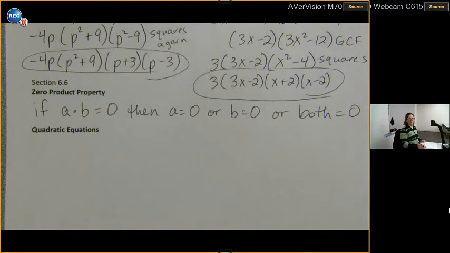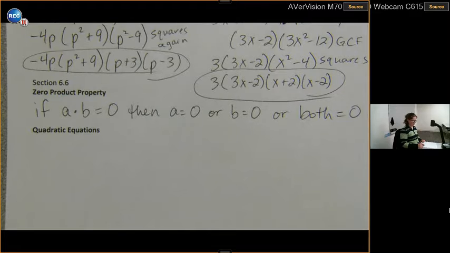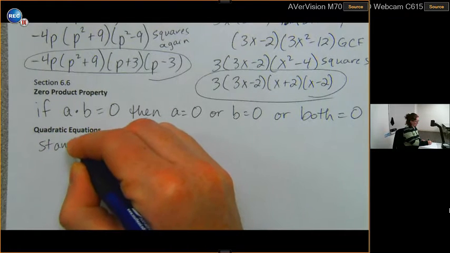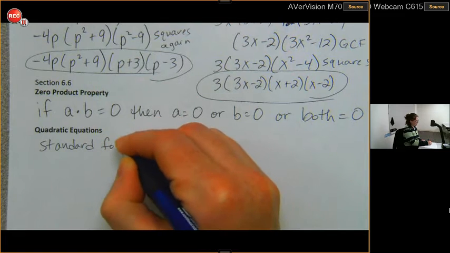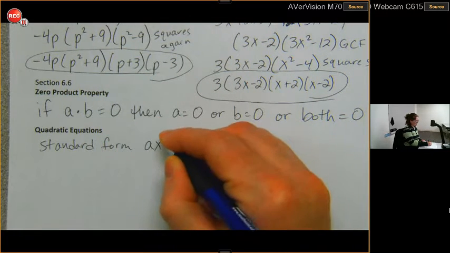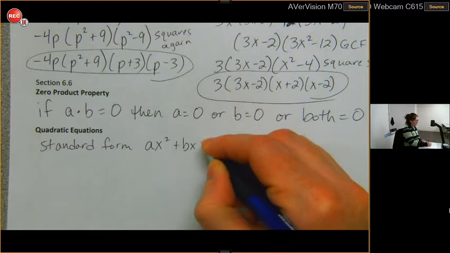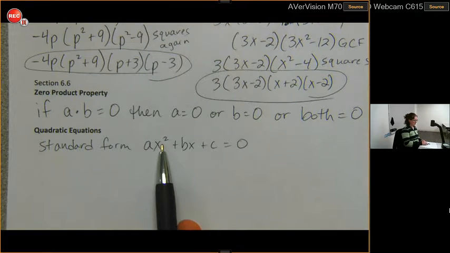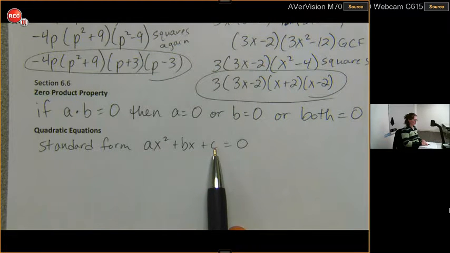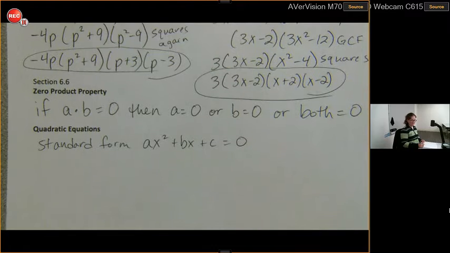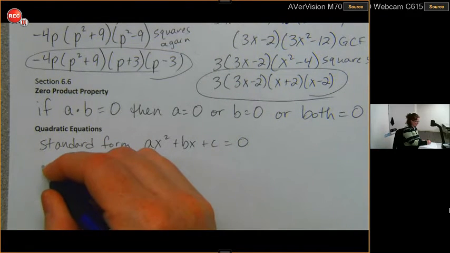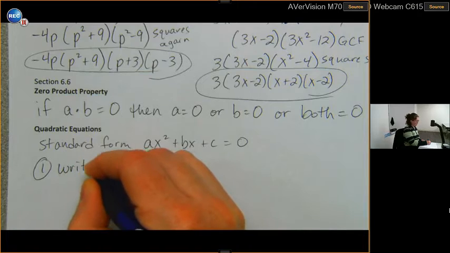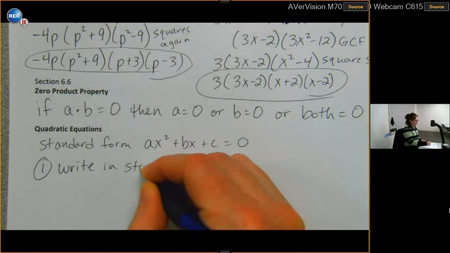When we have quadratic equations, we have what's called a standard form. Standard form has your exponents in descending order, so x squared, x, constant, equal to 0. So it's important when we solve that we write it first in standard form.